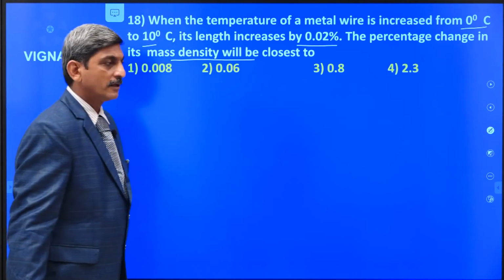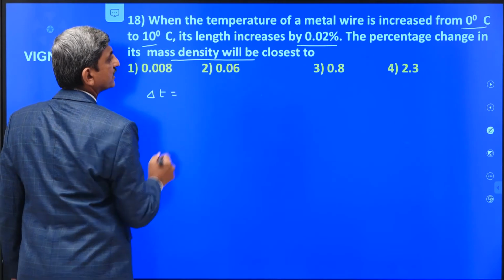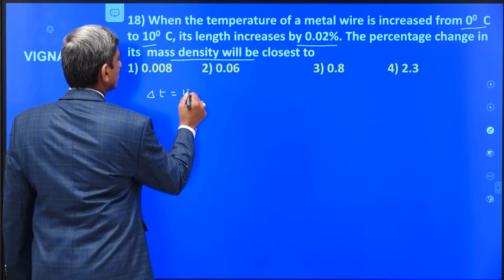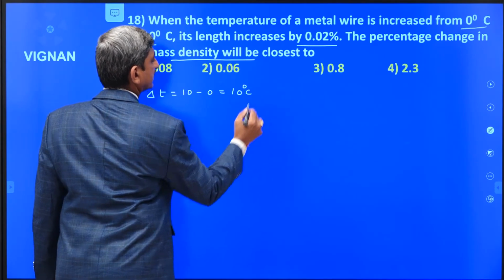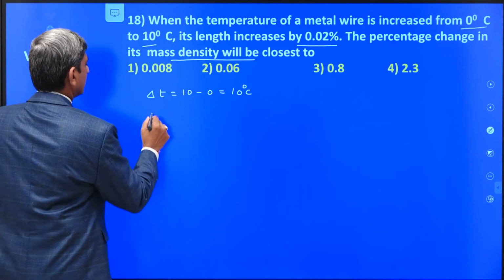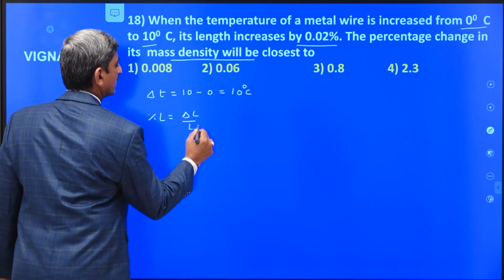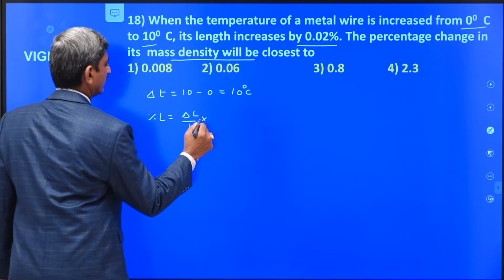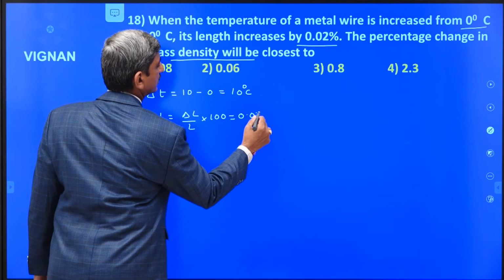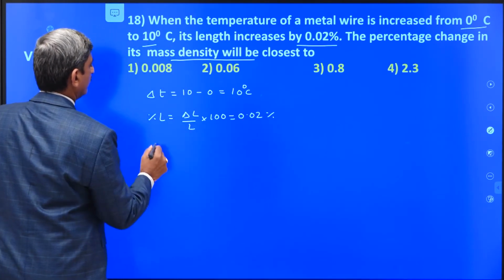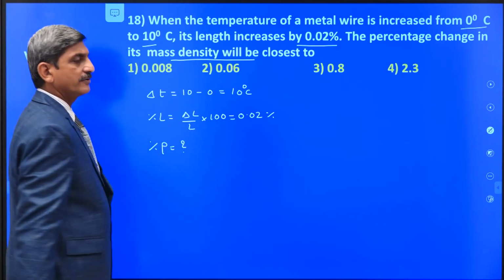So here the change in the temperature is given as delta T = 10 - 0 = 10 degrees centigrade, and the percentage change in the length, delta L by L into 100, is given as 0.02%, and we want to find out the percentage change in the density value.